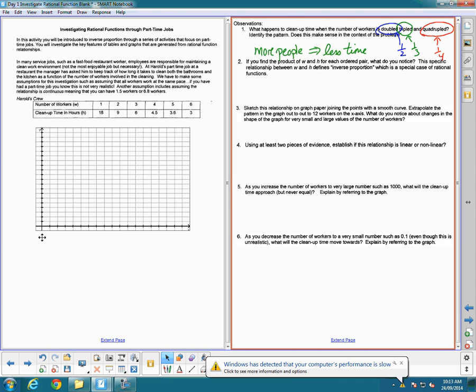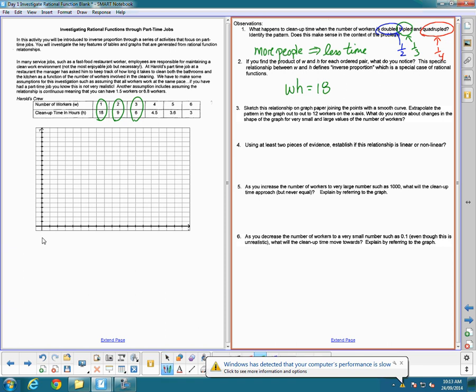So number 2, if you find the product of W and H for each ordered pair, what do you notice? Well, of course, if you take the product, 1 times 18 is 18. 2 times 9 is 18. 3 times 6 is 18. So obviously W times H equals 18. And why is that?